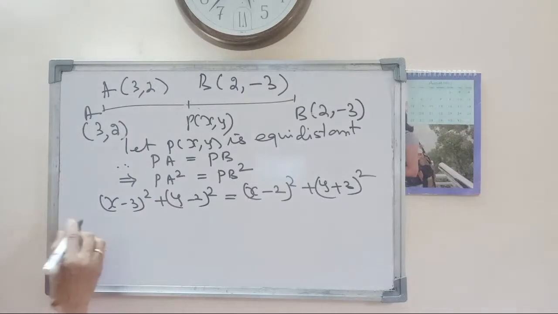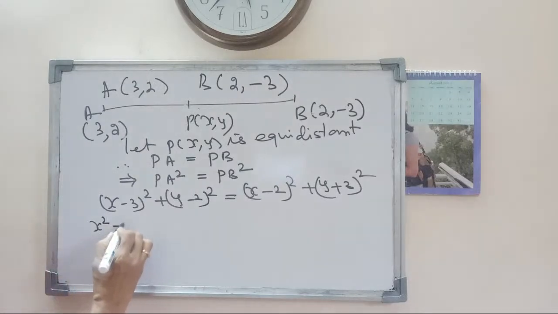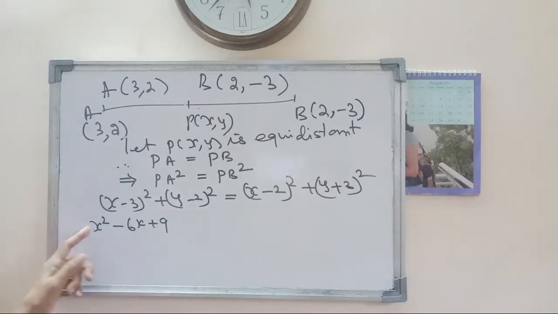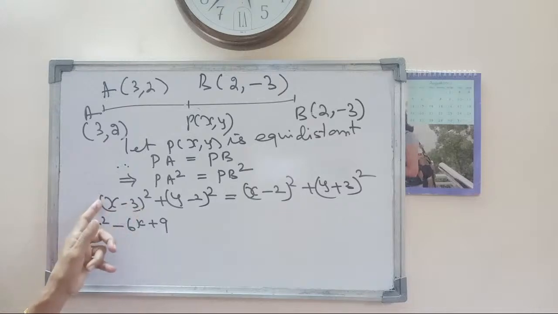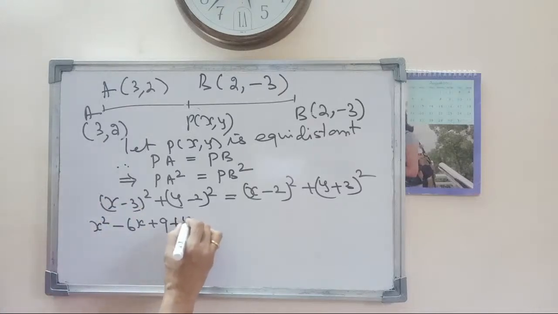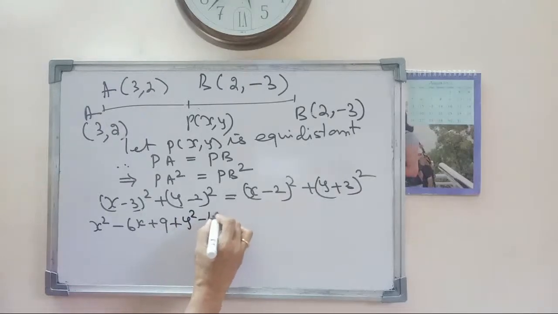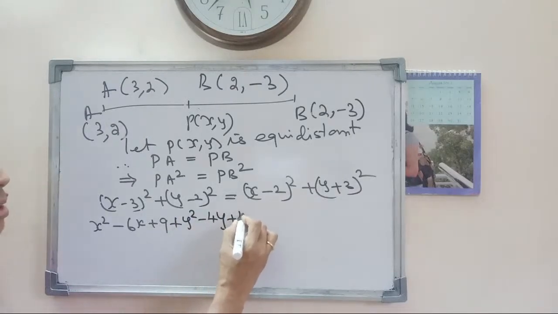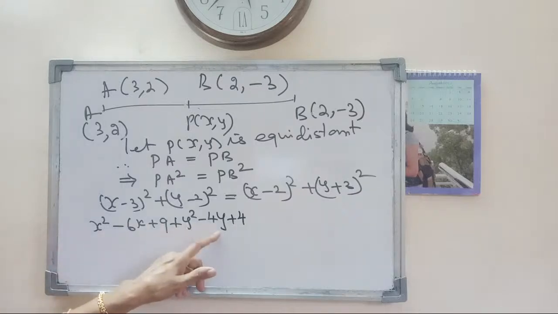So now expand it. a square minus 2ab plus b square. Is it clear? a square minus 2ab plus b square. Next, a square minus 2ab plus b square. We have y here, we have x.